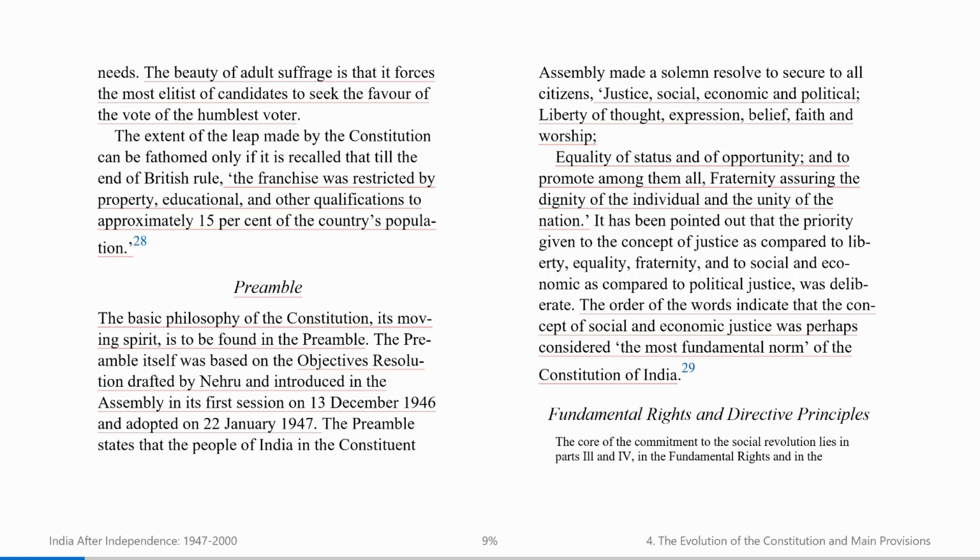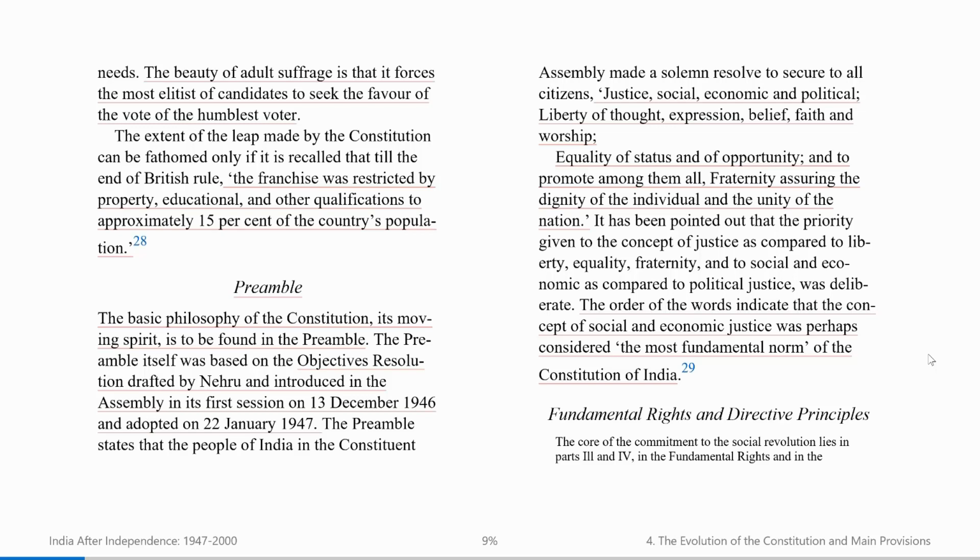The most interesting thing was that priority has been given to the concept of justice as compared to liberty, equality, and fraternity. The idea being that social and economic justice is given priority over other areas. So the order of the words suggests that social justice and economic justice was considered perhaps the first fundamental norm of the Constitution of India.